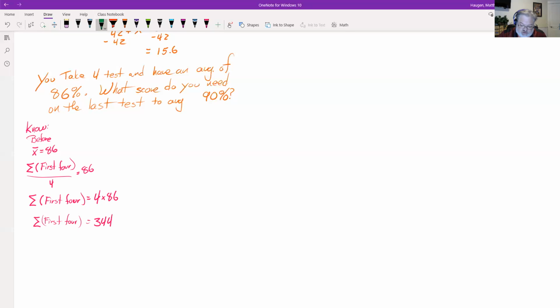What is it we want? Well, we want an average, a mean specifically, of 90%. That means sigma, the sum of all 5 divided by 5, has to be 90.